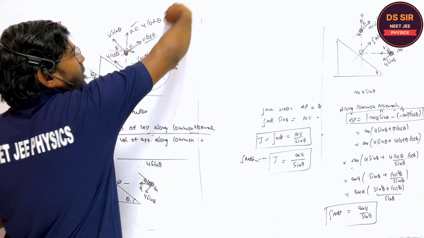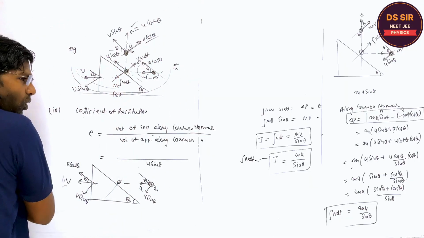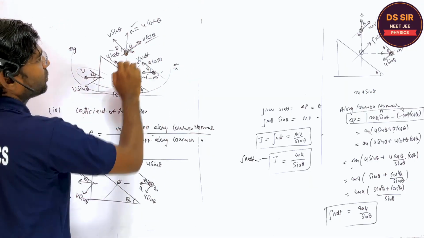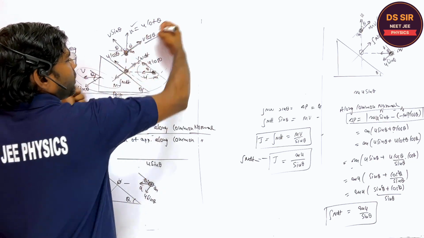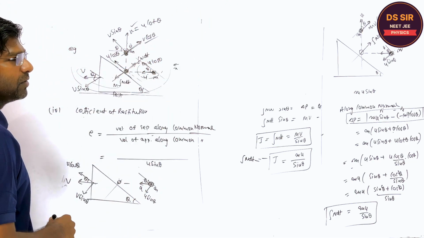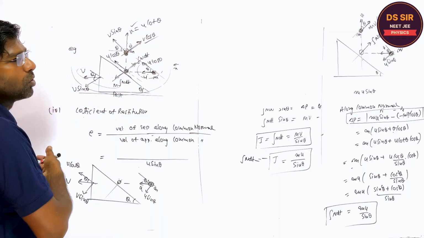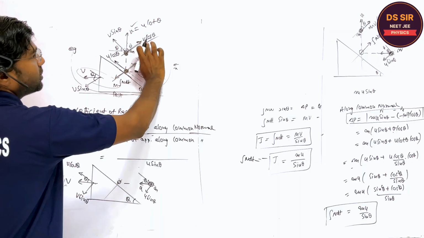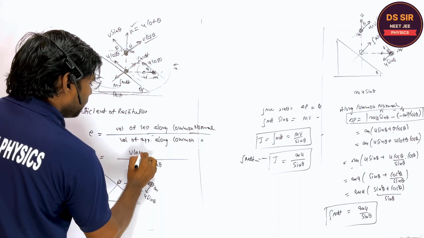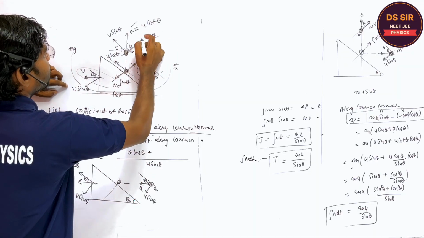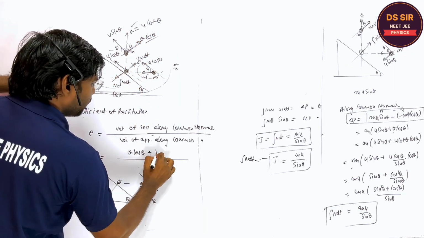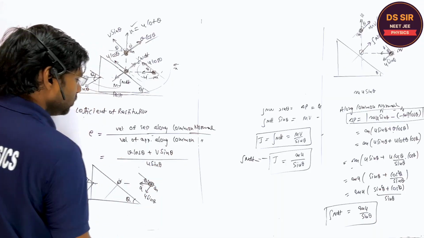One ball is going in this direction and the wedge going in this direction with the V sin theta, V cos theta. Can you tell me what will be the velocity of separation? By what rate are they separated from each other along the common normal? This is the v cos theta plus V sin theta. You understand this thing or not? You tell.